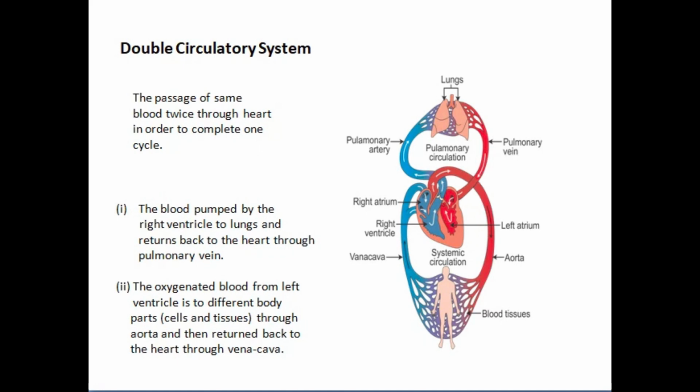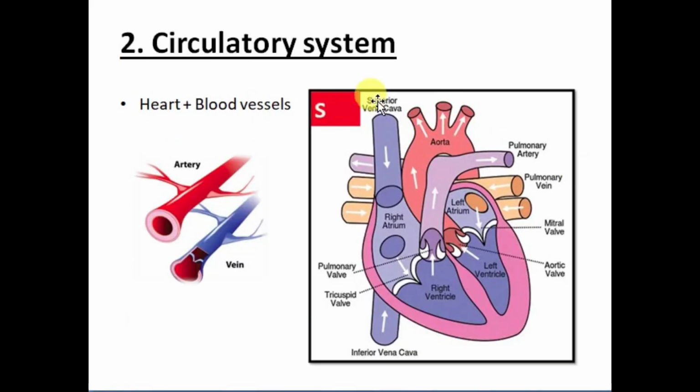Next, if I revise it for you, we have this circulatory system. This is the structure of the heart. Arteries and veins are there. The heart, with the help of lungs, will take away the deoxygenated blood and purify it.